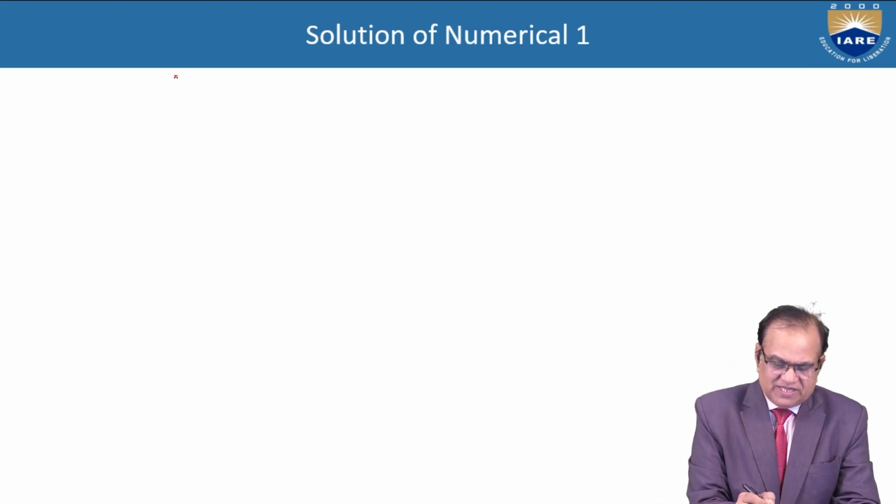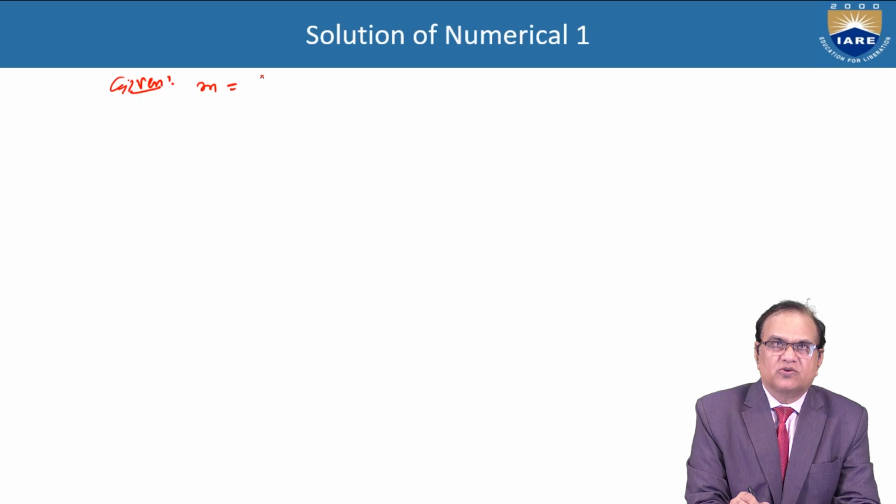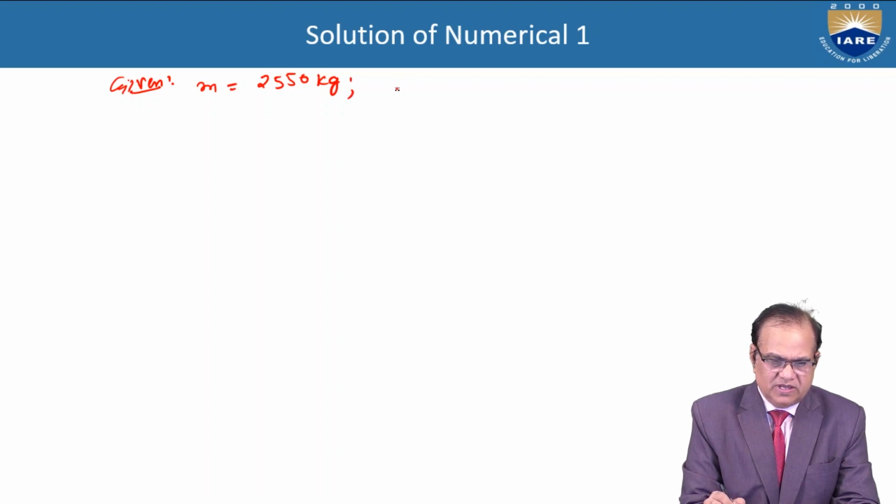We will start with the parameters given. First is the mass. M is equal to 2550 kilograms. We can write it as 2550 into 9.81 Newton.